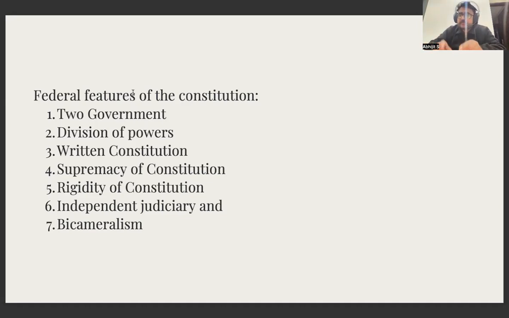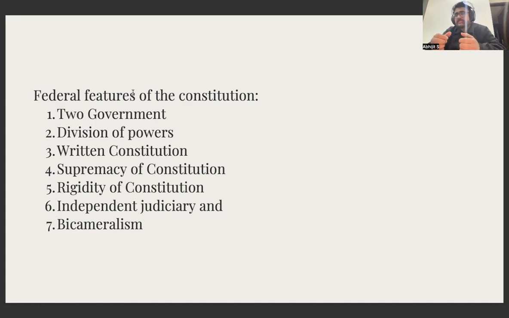Next, you have a written constitution, which also makes it rigid in the sense that you have a written down constitution for both the center and the state. Next, supremacy of the constitution. As I mentioned, rigidity of the constitution, an independent judiciary, and finally, bicameralism.